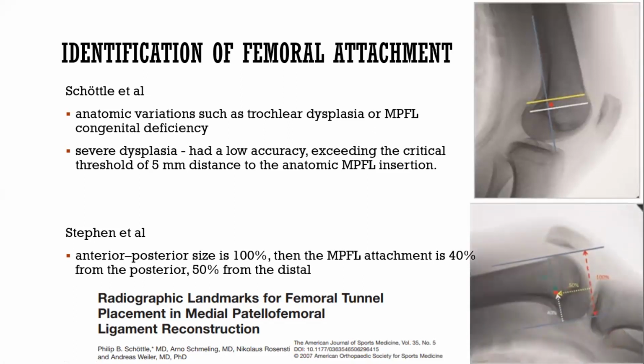Stephens et al. described another landmark where he divided the anteroposterior size of the femur into 100%, and the MPFL attachment is 40% from the posterior and 50% from the distal.